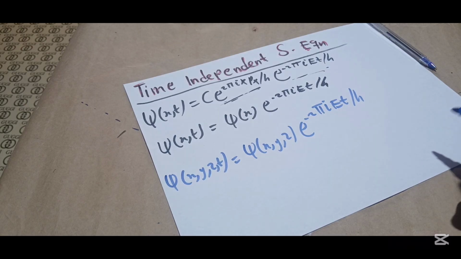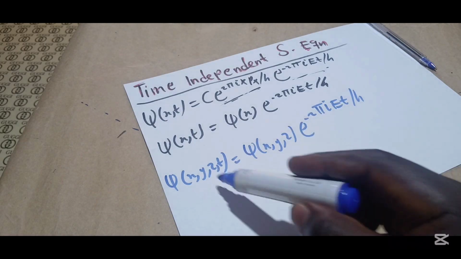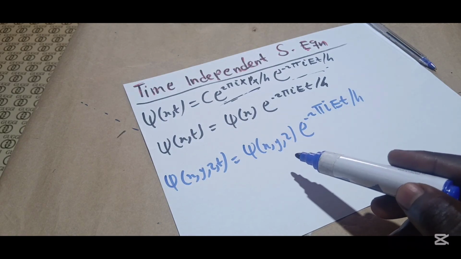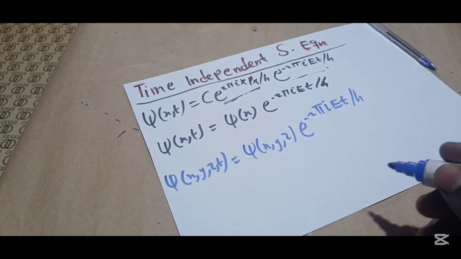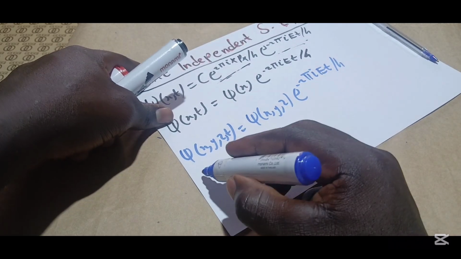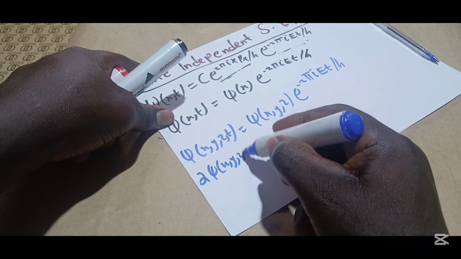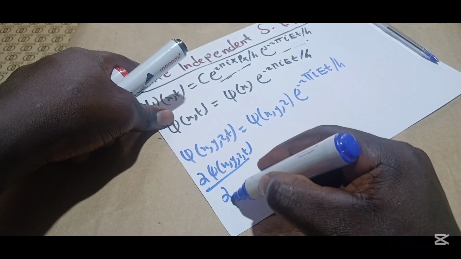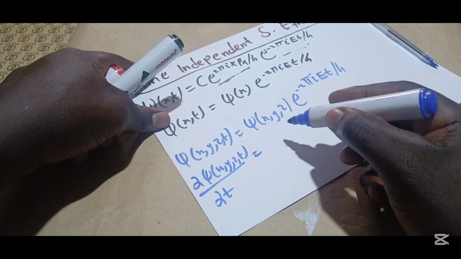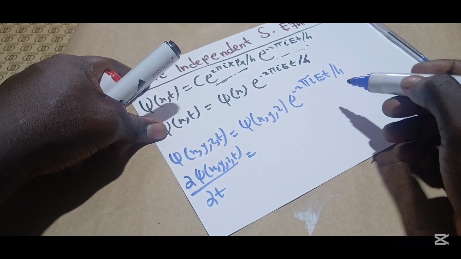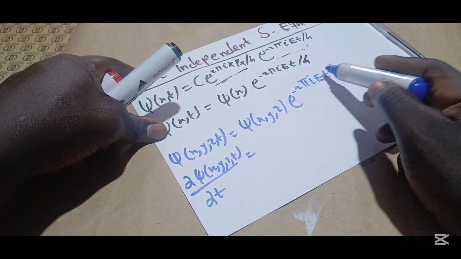So now we are going to differentiate this wave function with respect to time, which is going to give us d psi of x, y, z, t over dt. Now this is where we have the time part.